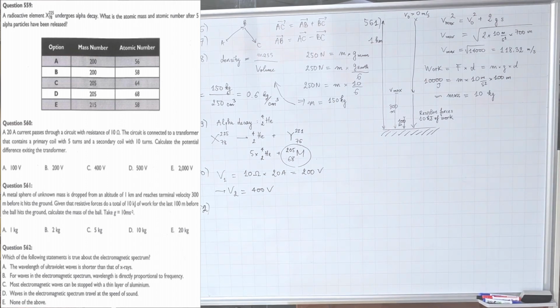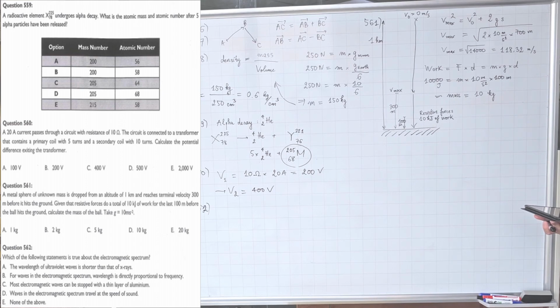Is the answer D? D. So I did not need to find Vmax at all. I just need to do this resistive forces kind of thing. I see. Interesting.